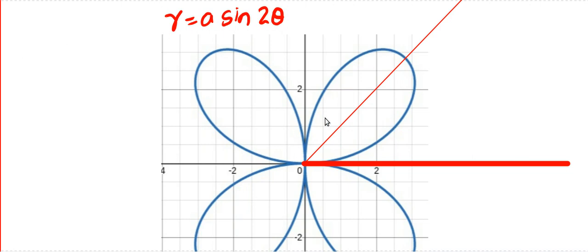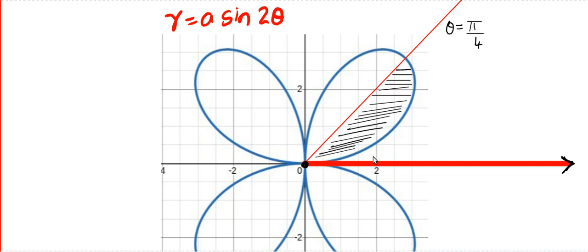Anyway, the most important thing to notice is this is theta equal to pi by 4. And I'll strongly recommend, draw this picture and keep it neatly somewhere so that when you prepare for the exam, it will be very easy for you to recollect. Okay, now look at this. All I'm going to do is find the area from 0 to pi by 4.